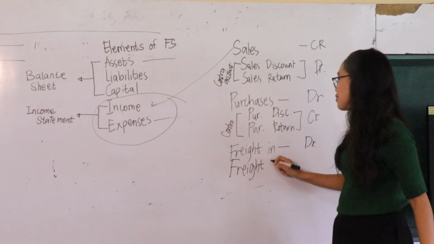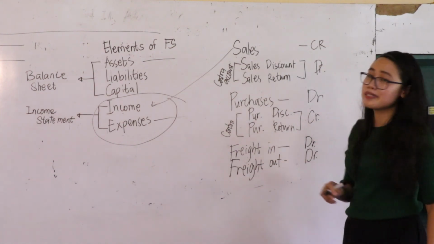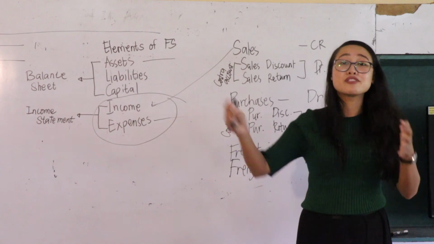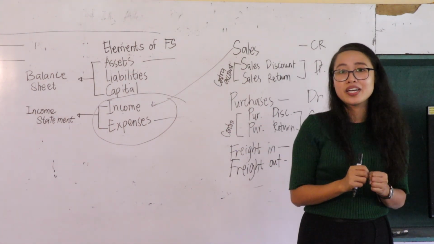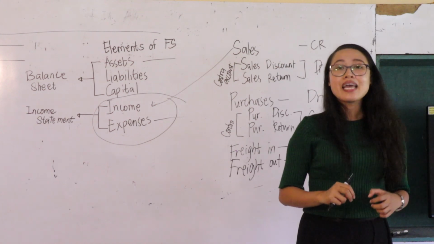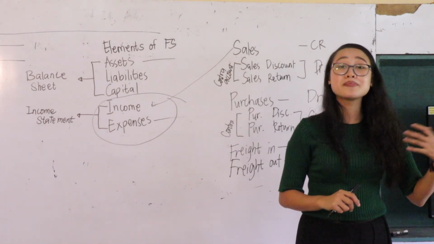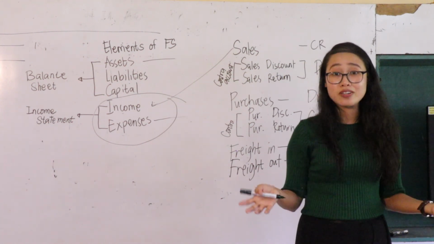Freight out is also a debit balance because it is an expense. Freight in is all the expenses to bring the purchases to your store. Freight out will be from your store to the customer, if you're the one responsible to pay for the freight cost.